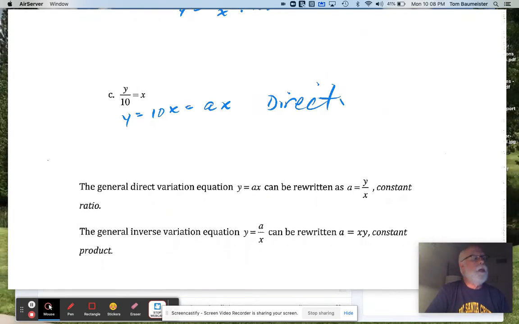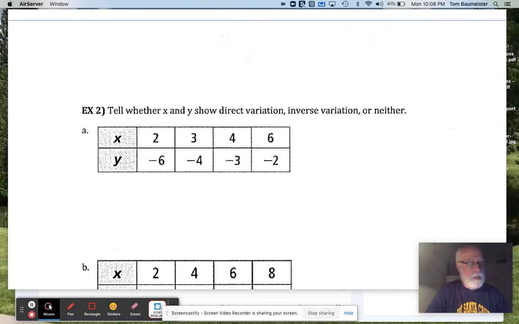So we're going to keep looking at a couple of those. Example 2 says, state whether x and y show direct variation, inverse variation, or neither. Remember, what we're trying to find out here is a. We're going to look for a is equal to x times y, or a is equal to y over x.